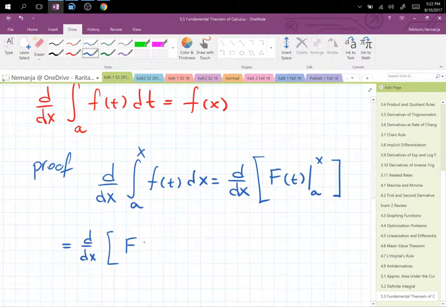So the derivative of F of x minus F of a. Now you know that this part over here is just a number, right? F of a. So when you take the derivative, the derivative of capital F is lowercase f, and then minus 0. So it's just f of x.